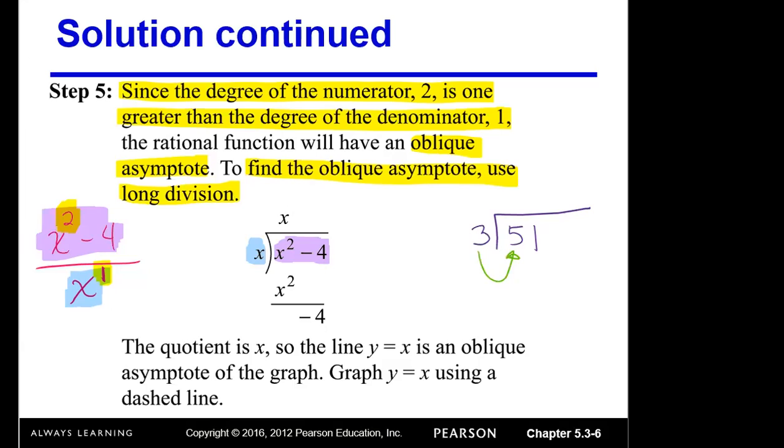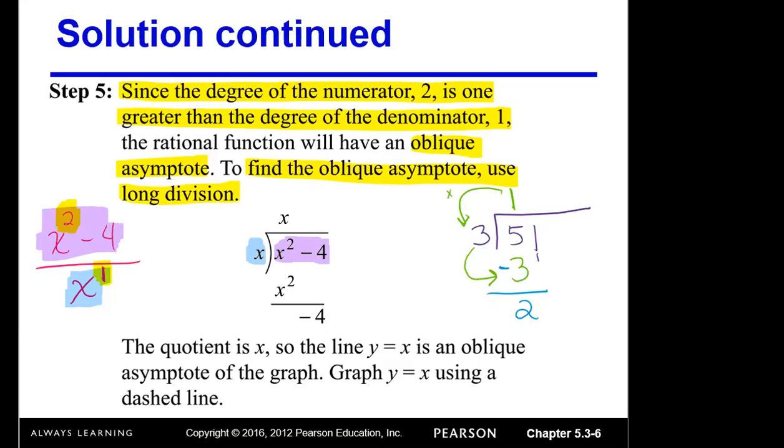Okay, remember you would divide, you'd be like, okay, 3 divides into 5. How many times? 1 whole time, and you put it there. Then you would take the 1 and multiply it times the 3, and 1 times 3 is 3, and you'd put it there. Then you'd subtract. 5 minus 3 is 2.